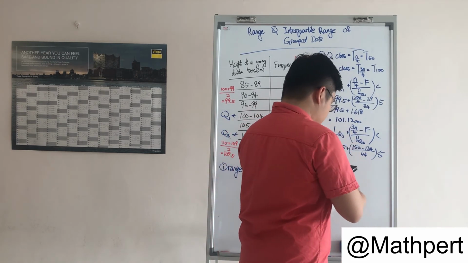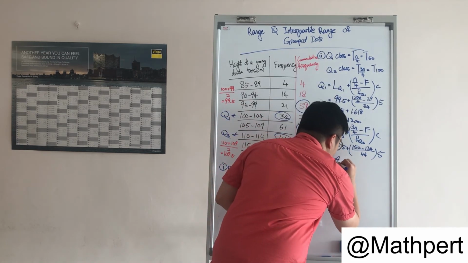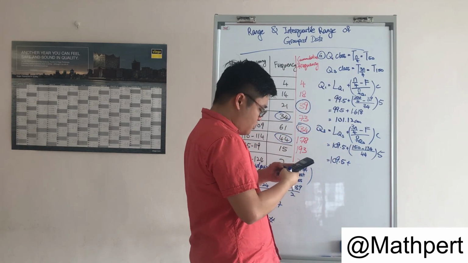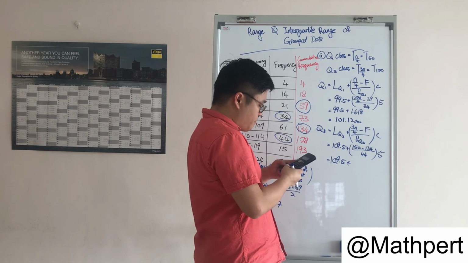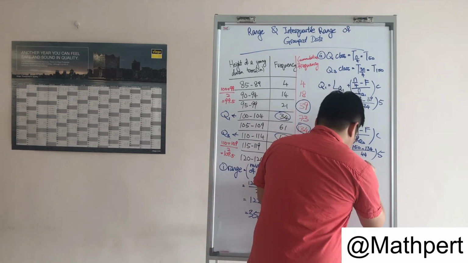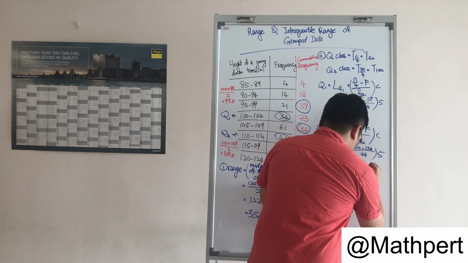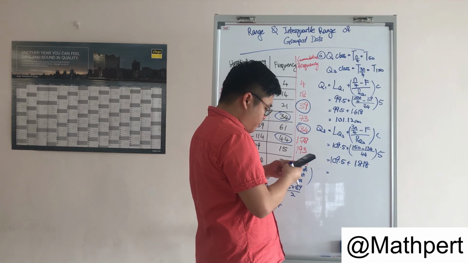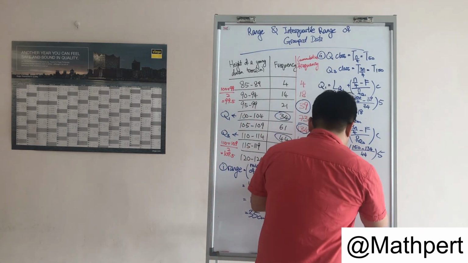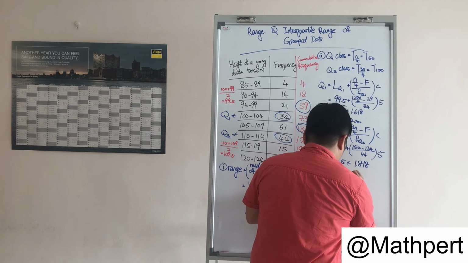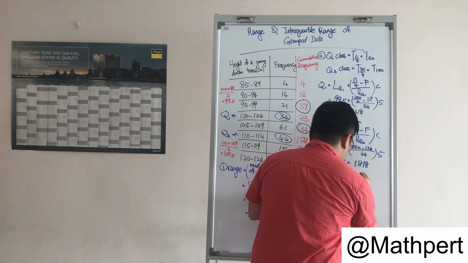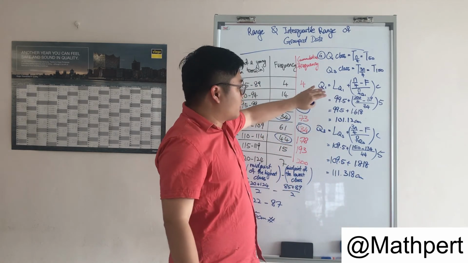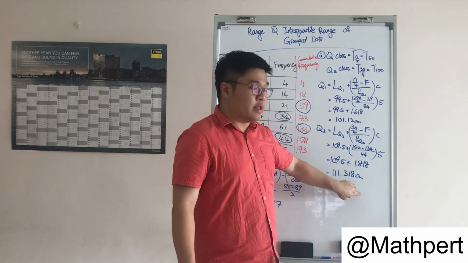This will be 109.5 plus (150 minus 134) divided by 44, multiplied by 5. So it's 1.818. Adding up together with 109.5, we get 111.318 cm. So Q3 is 111.318 cm.